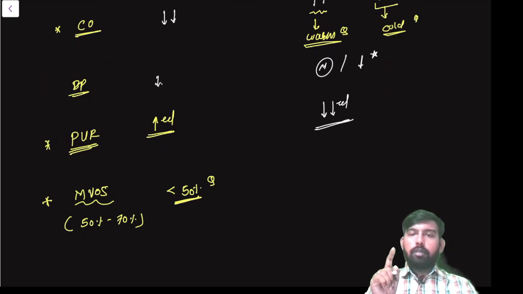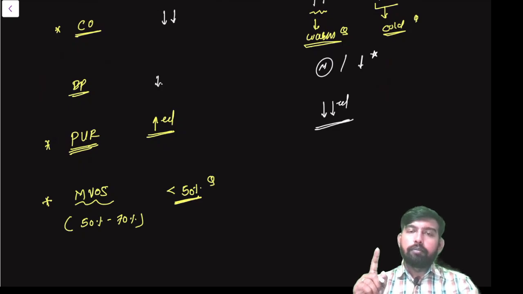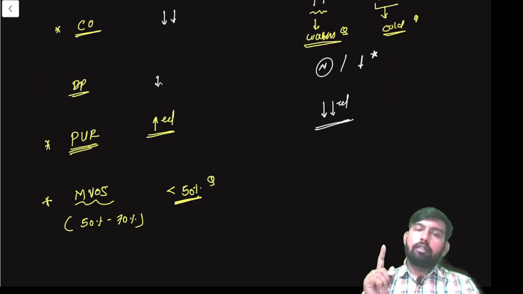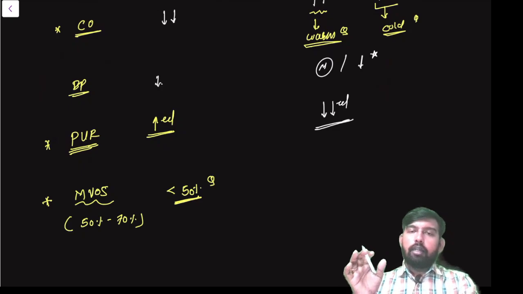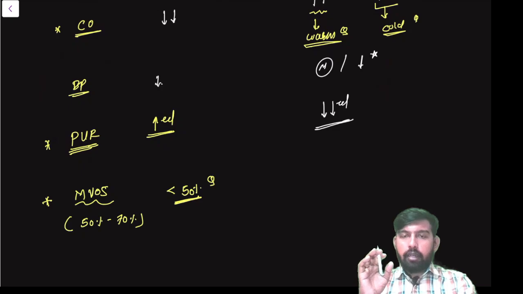But in case of a septic shock, there is a toxin mediated vasodilatation, and there is a septic focus, which causes derangement of the absorption or utilization of oxygen at the cellular level.